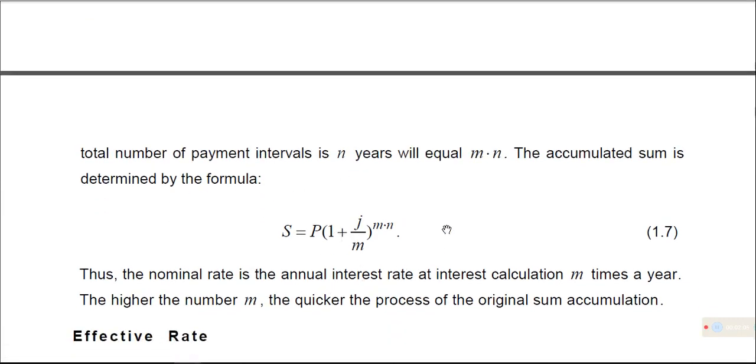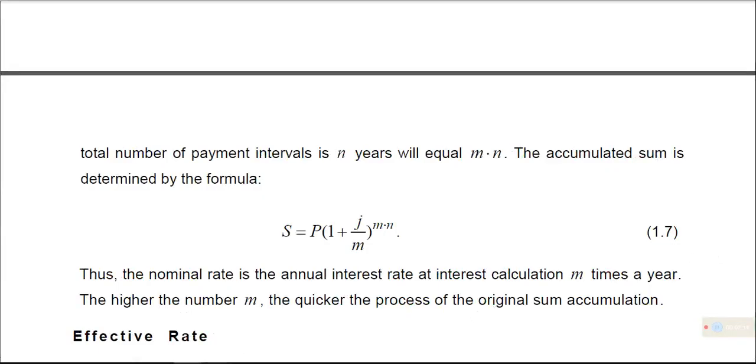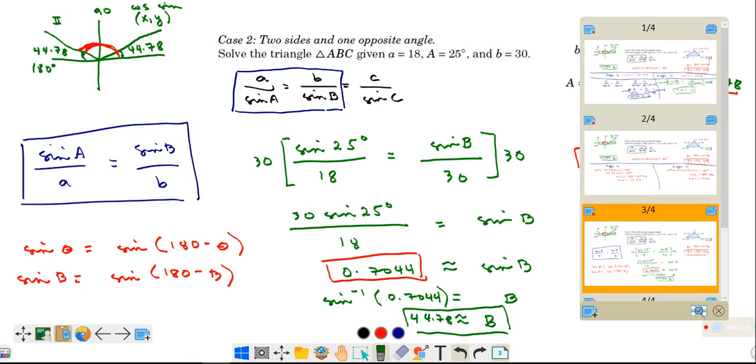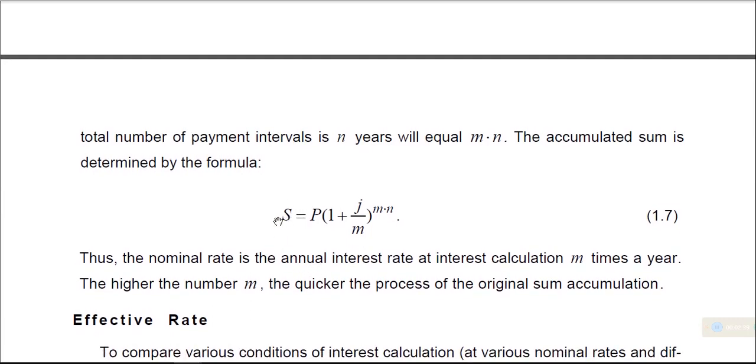So meron na naman tayong isang idadagdag na formula. Siguro by this time, naka-move on na kayo from the previous formulas that we use nung GE 114, which are I is equal to P, R, T, at saka A is equal to P plus I. Siguro ngayon, sanay na kayo that A is equal to S and that lowercase i is equal to r.